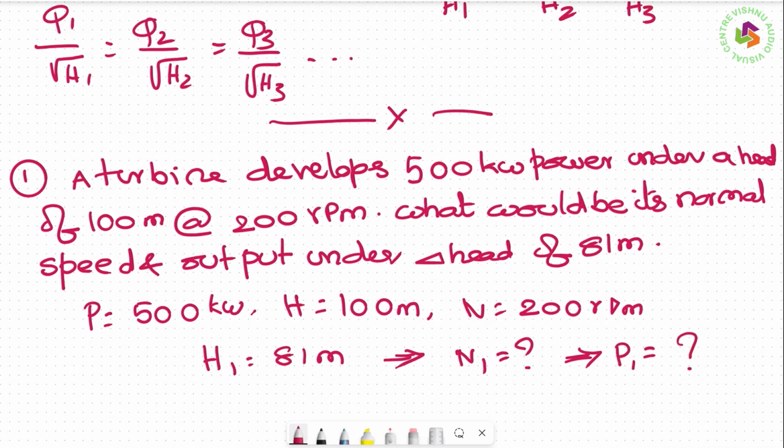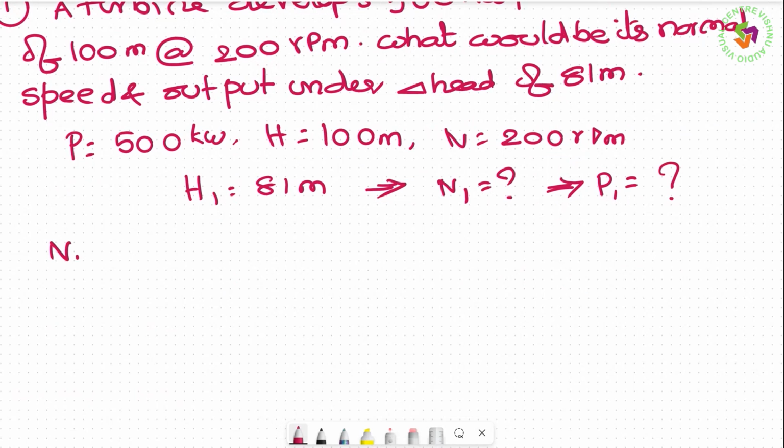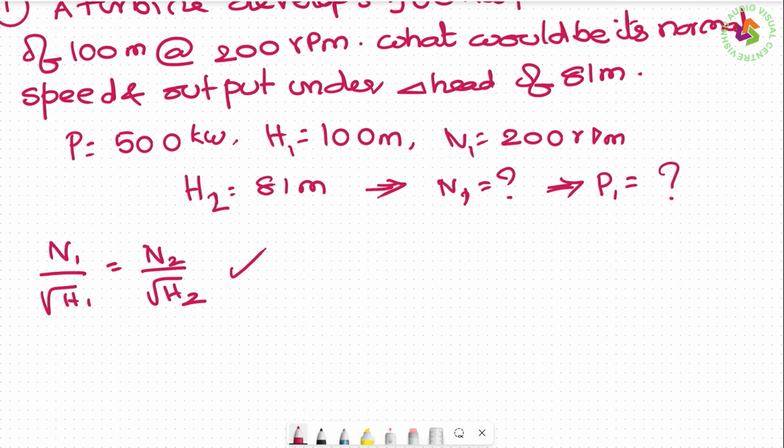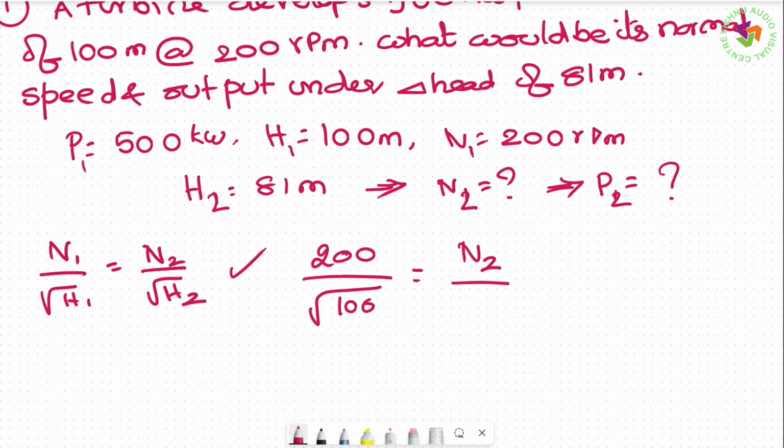This is the question. Clear thing is N1 by root H1 is equal to N2 by root H2. Using this, the original conditions are N1, H1, P1, and then I call the new ones H2, N2, P2. So N1 is equal to 200 divided by root of 100 is equal to N2, the question mark, divided by root 81.